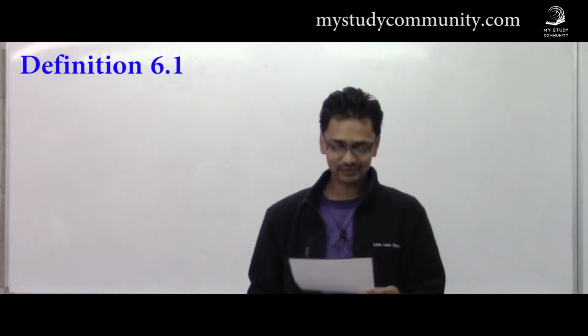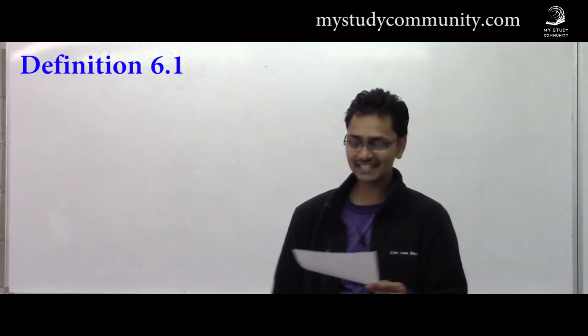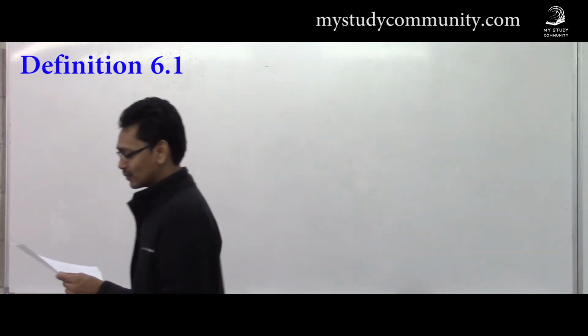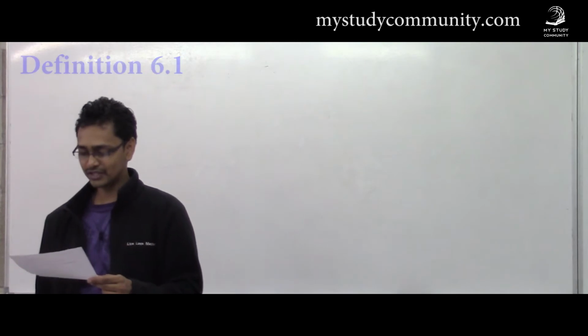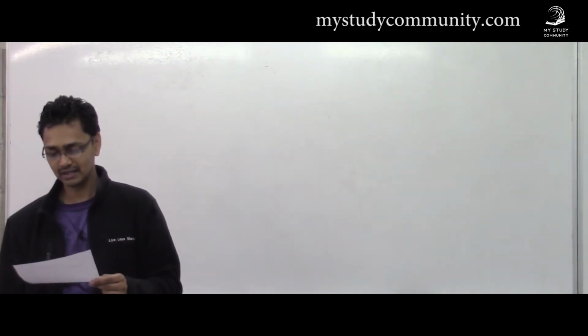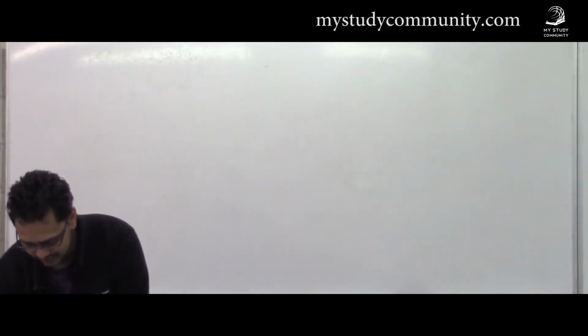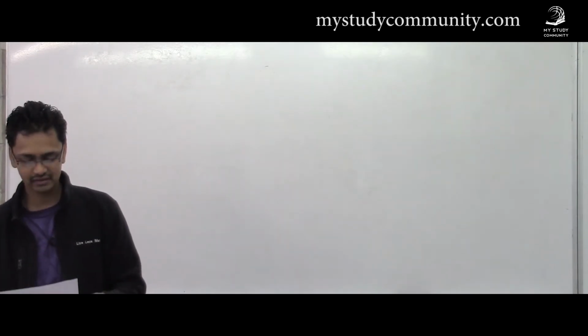Definition 6.1. A ring R is a set with two binary operations, addition and dot, satisfying: 1.